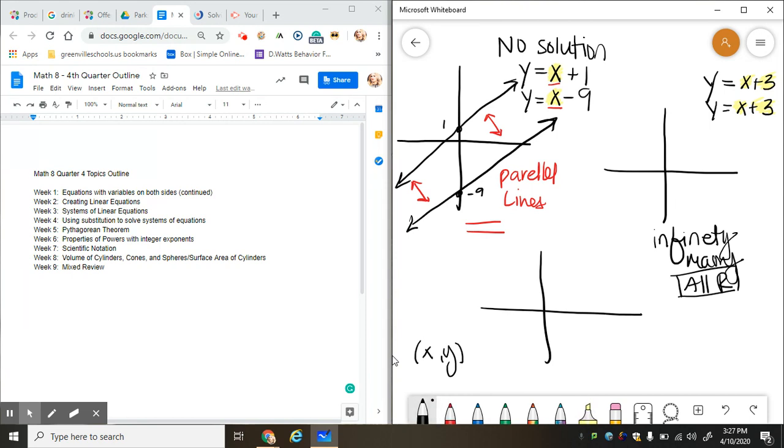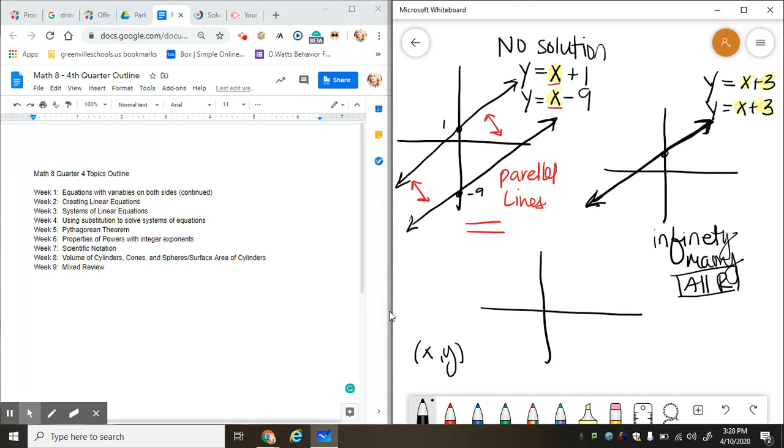So if it's infinitely many, that means both equations are the same line. It's just on there twice. I drew my line twice, so they share all of the points with each other.